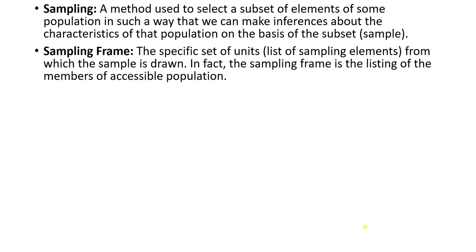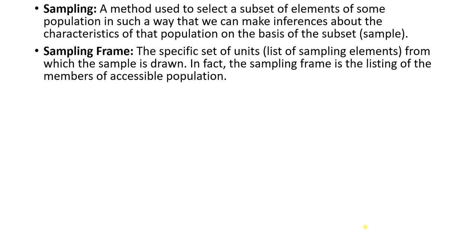This sampling frame is required particularly in probability sampling. So sampling frame is the list of all the members of the accessible population. Those who are not accessible cannot be in the list.